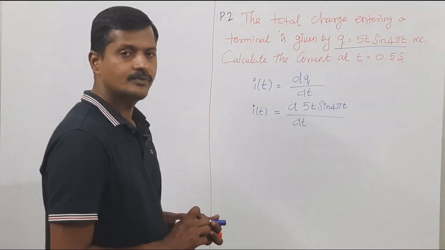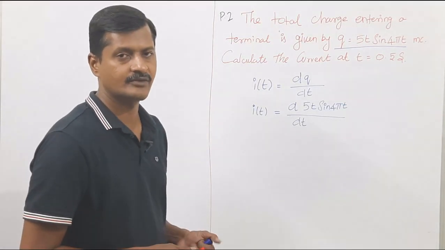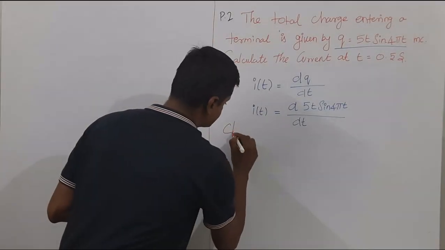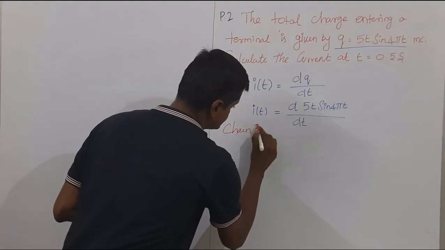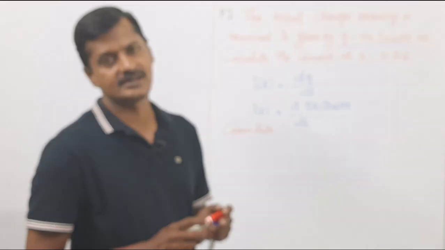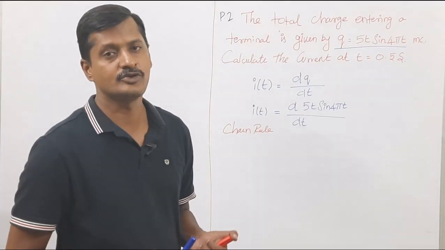So for this we have to differentiate. Which rule do we use? We have heard of the product rule in maths: d of uv by dt is equal to u into dv by dt plus v into du by dt.